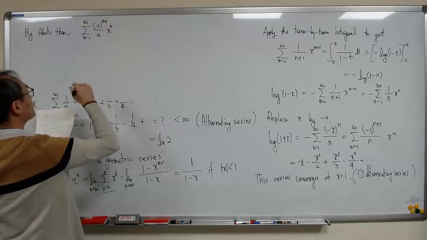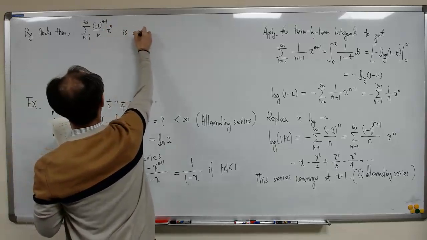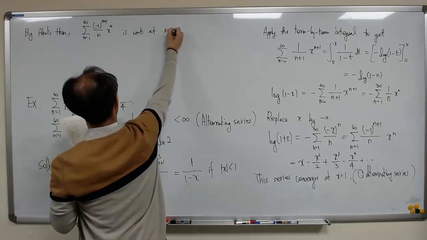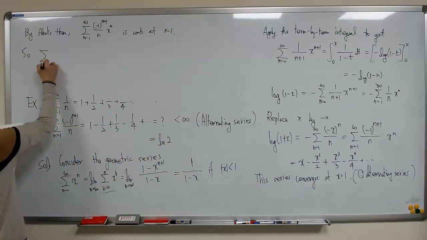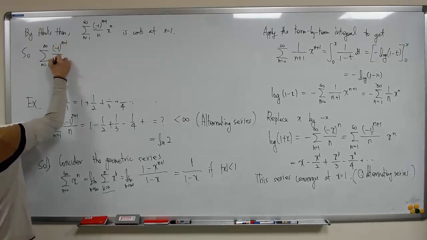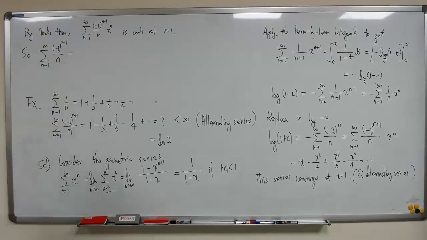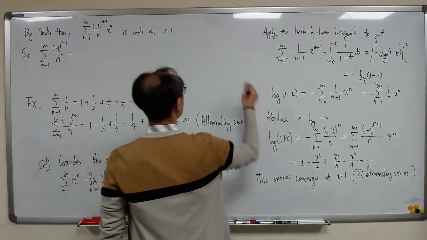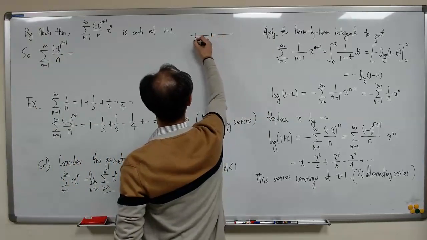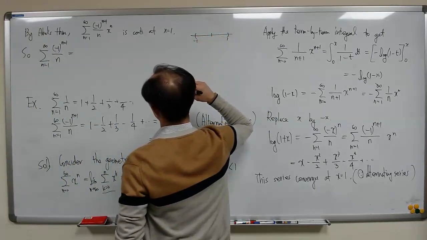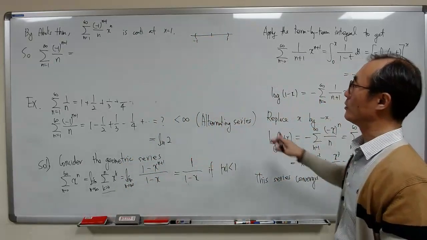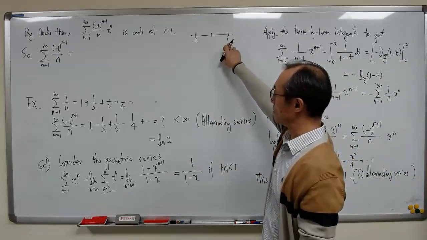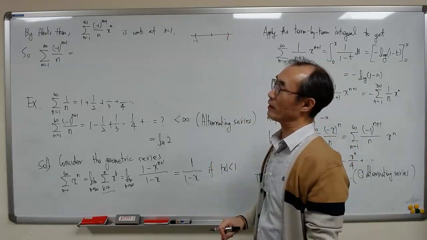The function defined in this expression is continuous at x equals 1. That means the alternating series as n goes from 1 to infinity of minus 1 to the n plus 1 over n. We have seen this series converges from minus 1 to 1. The radius of convergence of this series is 1, and you know the series converges at x equals 1.